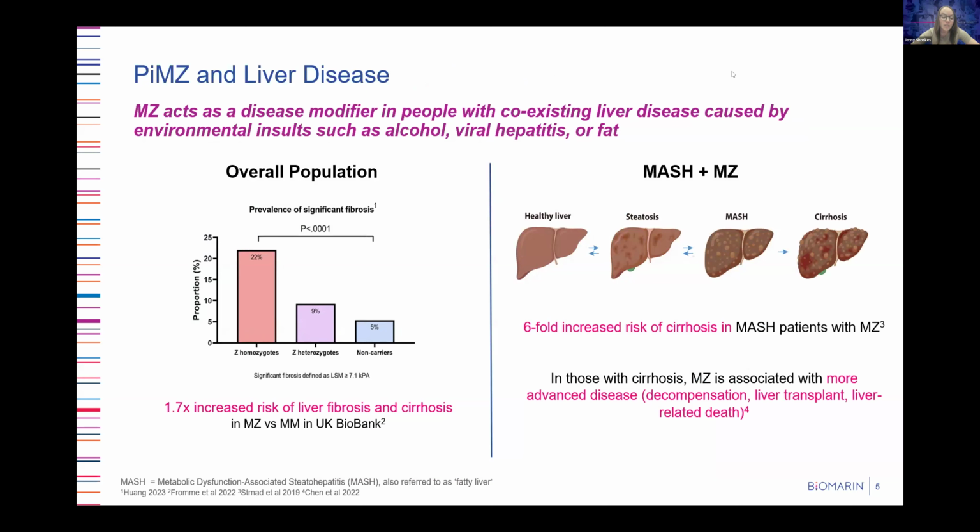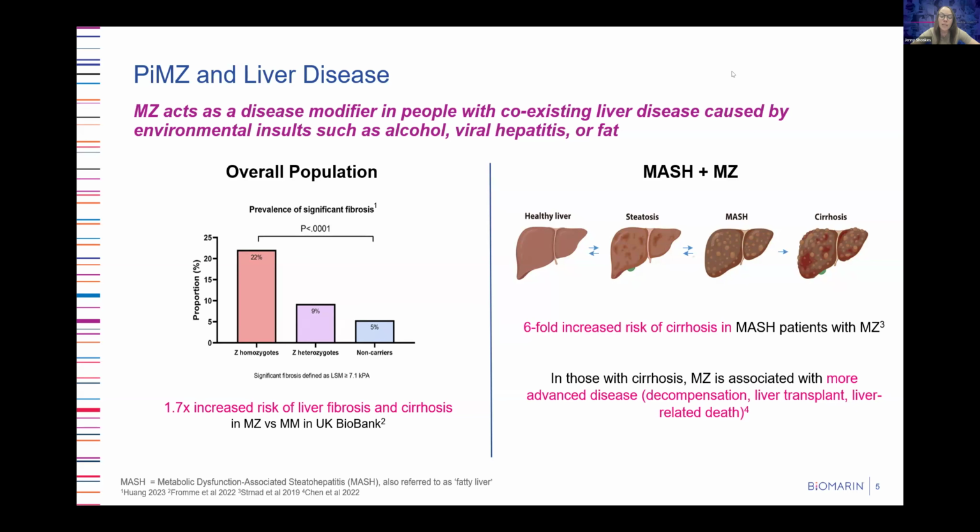MZ had almost 10% having significant fibrosis. Why we care about fibrosis in the liver is that it is directly correlated to mortality. So we really want to be able to prevent, or potentially reverse, fibrosis to stop the advancement to more advanced disease.